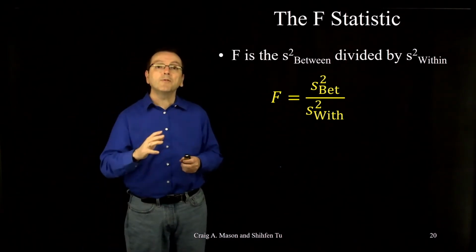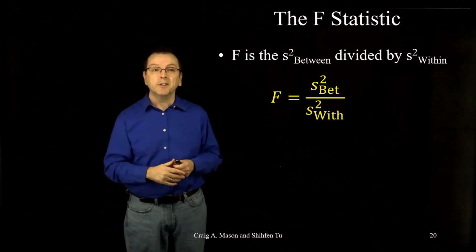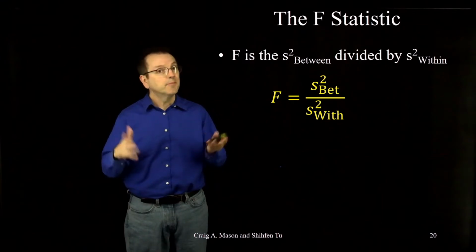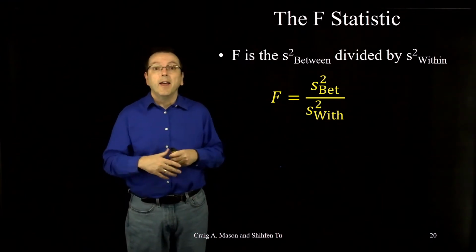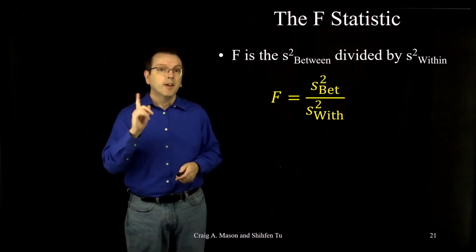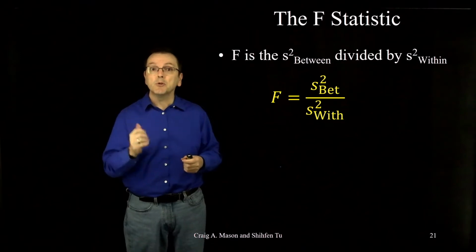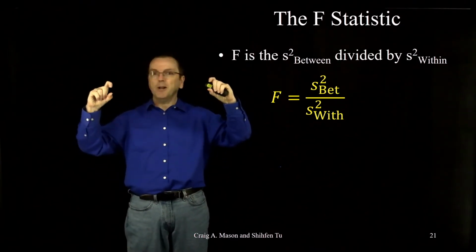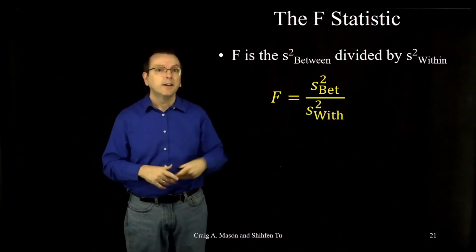Now, F scores follow an F distribution, just like Z-scores followed a Z-distribution, the normal curve, and T-scores followed a T-distribution. And remember how the shape of the T-distribution varied based on our degrees of freedom, kind of how thick it was out in those tails.